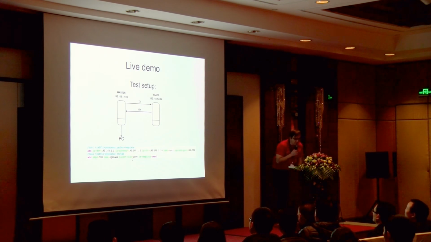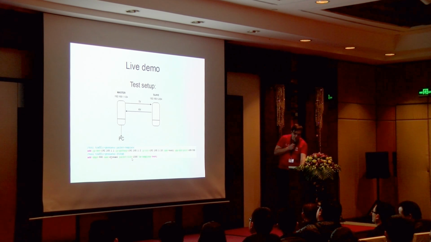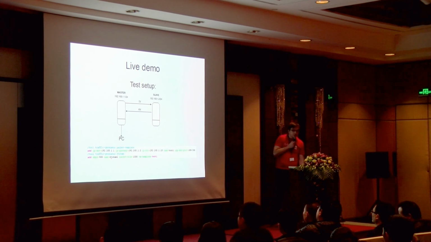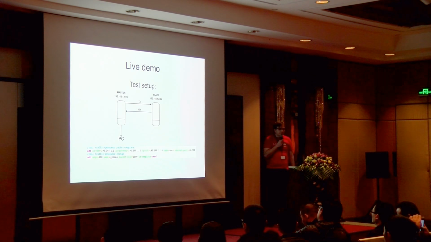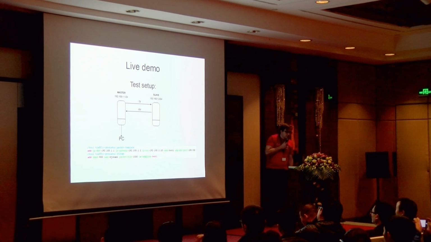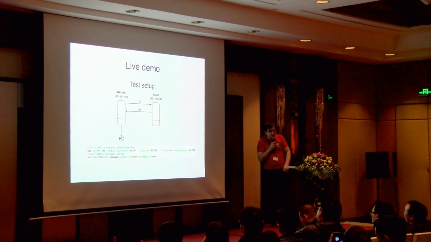So let's talk about the commands run. With the traffic generator, at first you create a packet template. The IP destination in this case is the same device sending traffic.